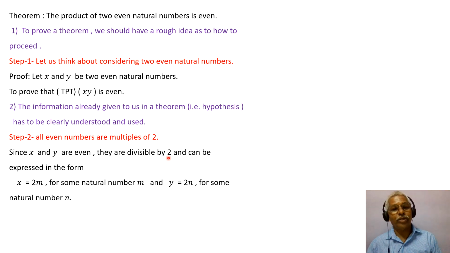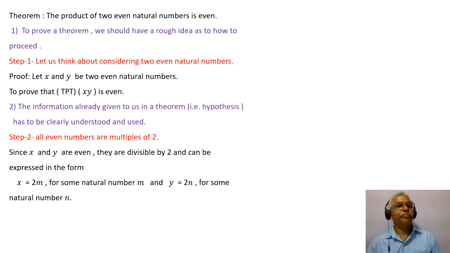And they can be expressed in the form x equal to 2m for some natural number m, and y equal to 2n for some natural number n. We are doing all this for our convenience; we will see in the further part.